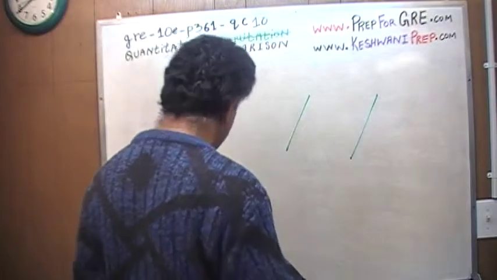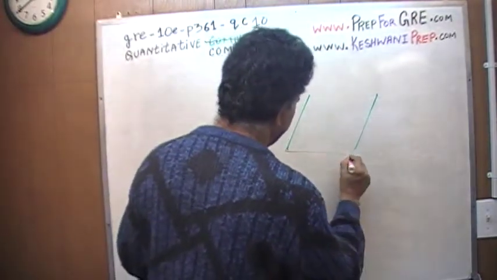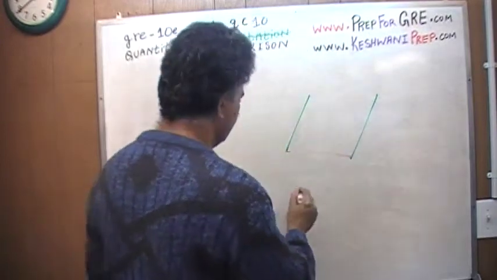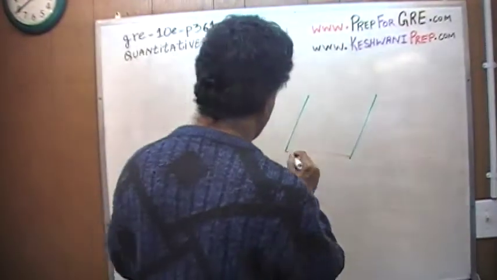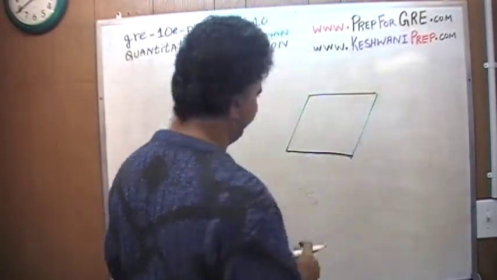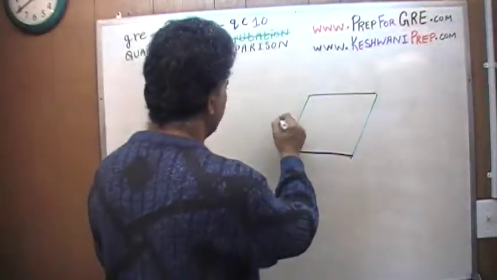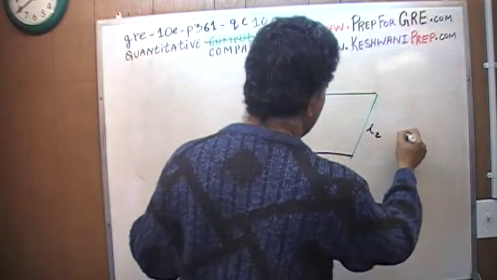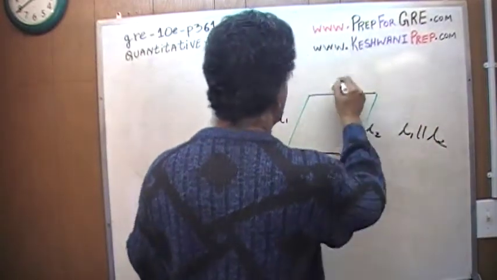These two lines are parallel, and similarly, this line is parallel to this line. And that is called a parallelogram. Let's call it here L1, L2. L1 is parallel to L2. And L3 is parallel to L4.